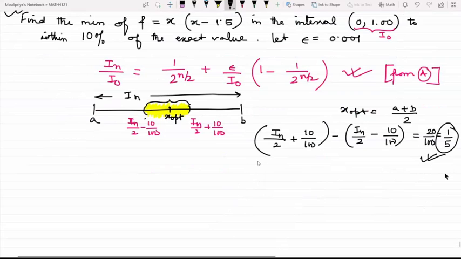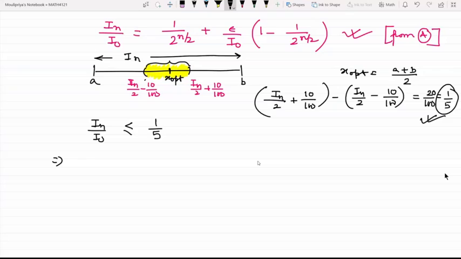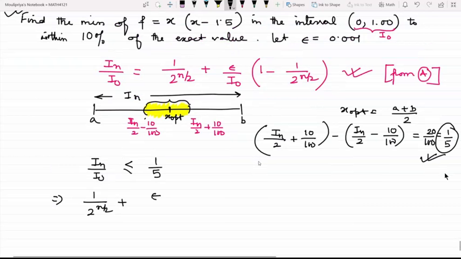I want this kind of an exactness. Which implies 1 by 2 to the power of n by 2 plus epsilon. I0 is actually 1 in our case because the interval is 0 to 1.